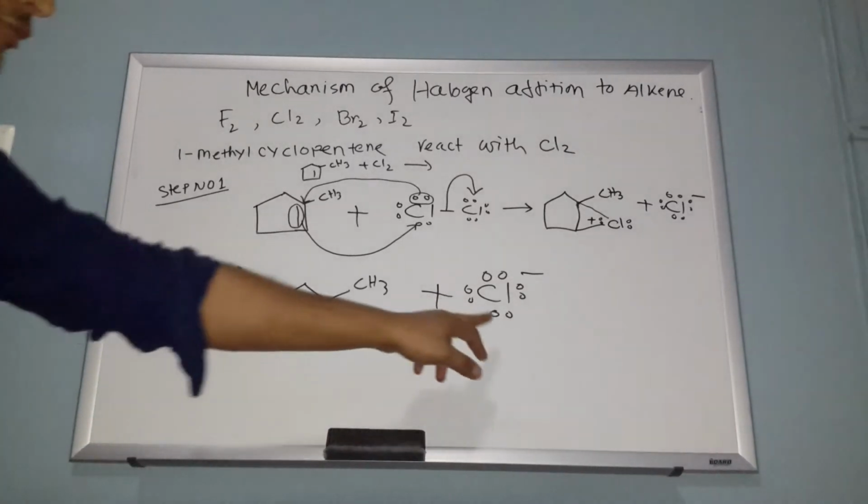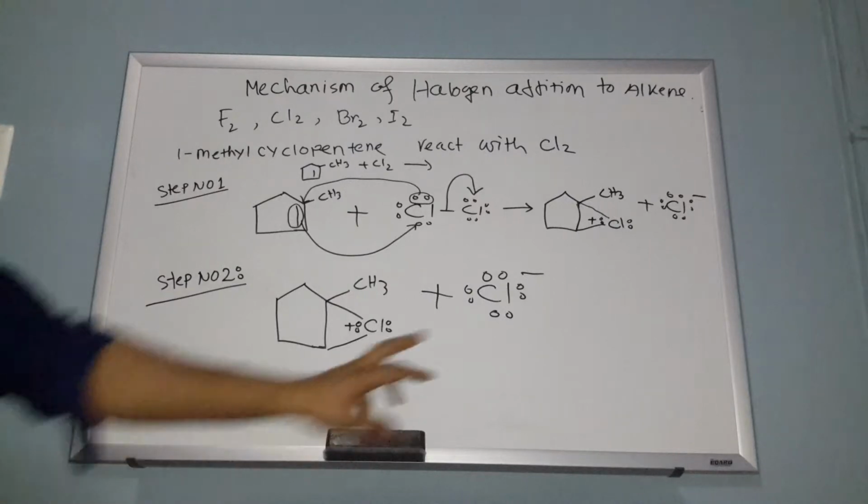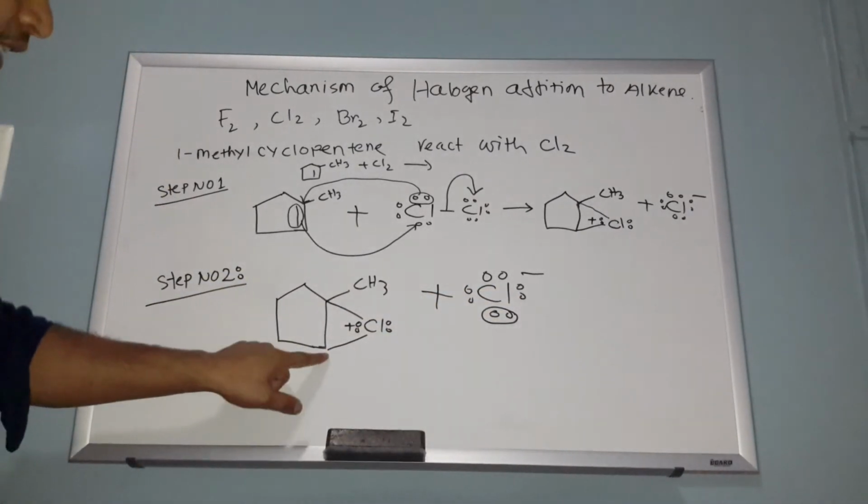Now look, always remember the negatively charged ion attacks. This chlorine's two lone pairs attack either this carbon or that carbon.